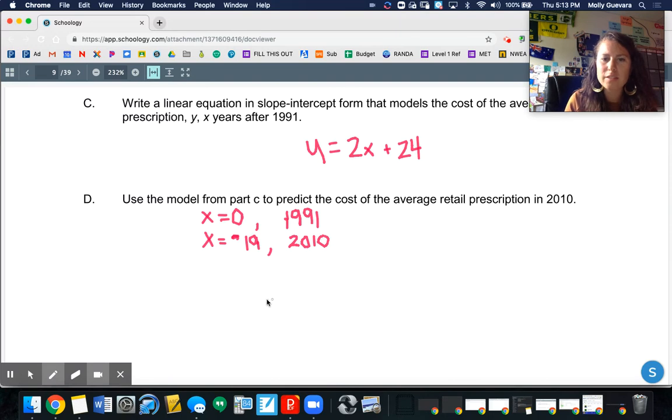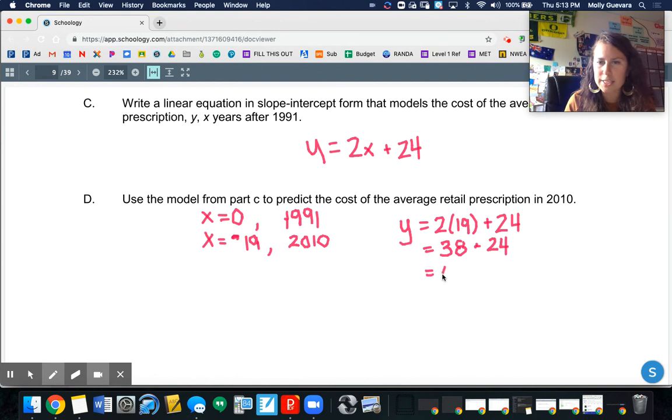So because of that, all I have to do is plug in 19 and I'm good to go. So y is equal to 2 times 19 plus 24. So 2 times 19 is 38 plus 24. And I get 62.